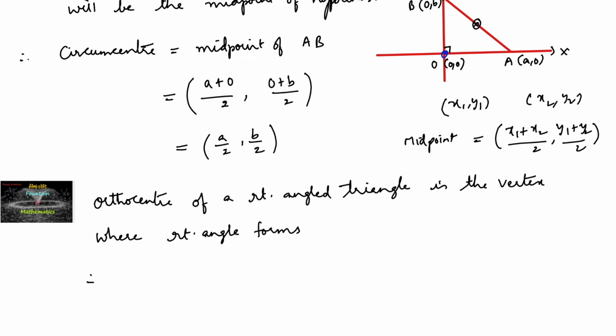So therefore, orthocenter of triangle OAB is the origin, because in triangle OAB angle O is 90 degrees. So we can consider origin (0, 0) is the orthocenter.